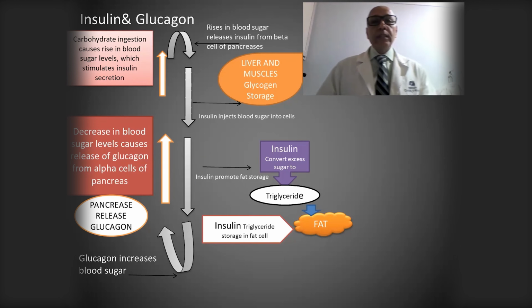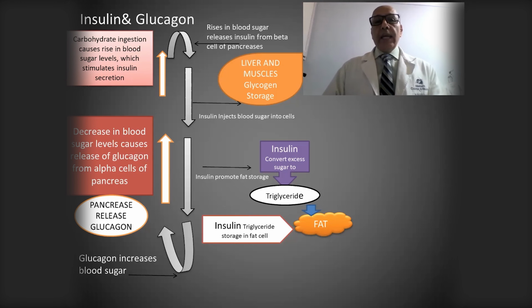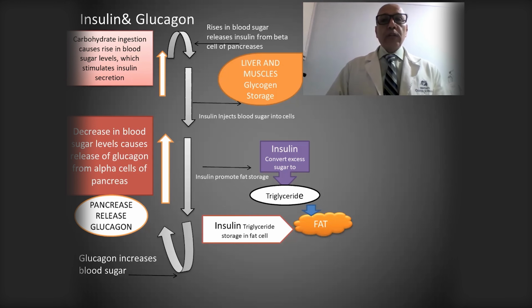In this situation, we want you to understand insulin and glucagon in blood sugar control. Insulin stores sugar and fat and also inhibits protein breakdown. It works like a fuel injection in your car, or a fuel storage hormone.